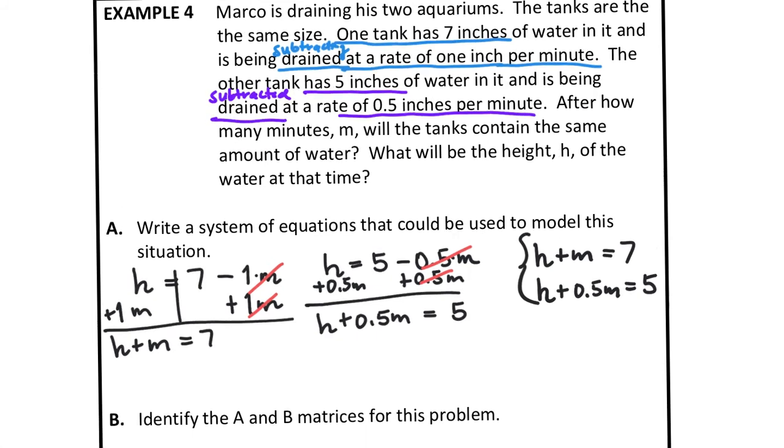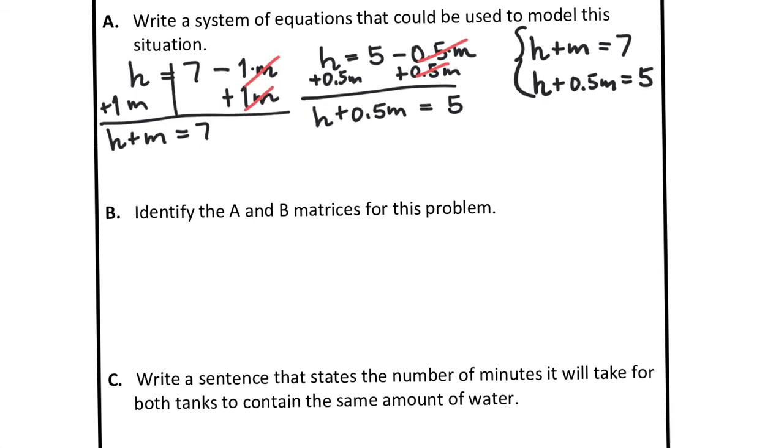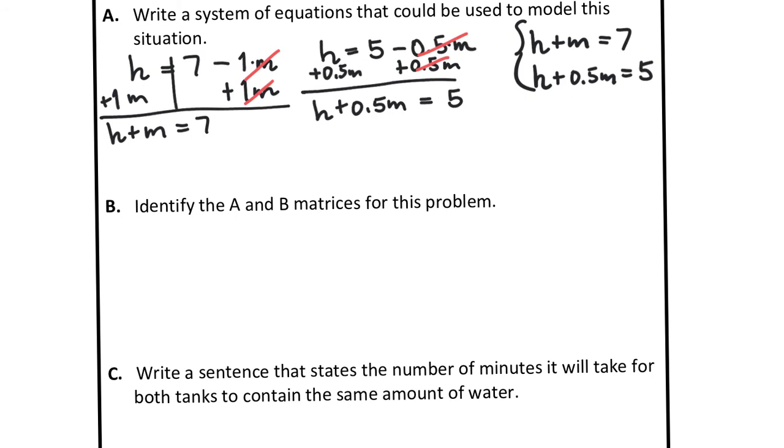And then for part B, it's asking to write my A matrix and my B matrix. So for my A, it's a 2 by 2. And remember up here, the H and the M, there's no numbers in front.